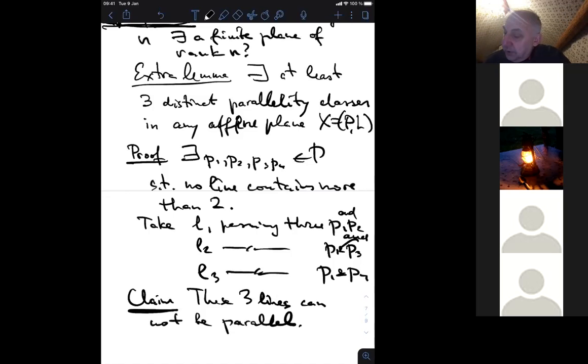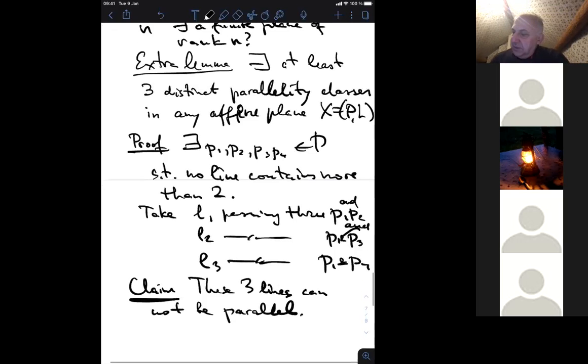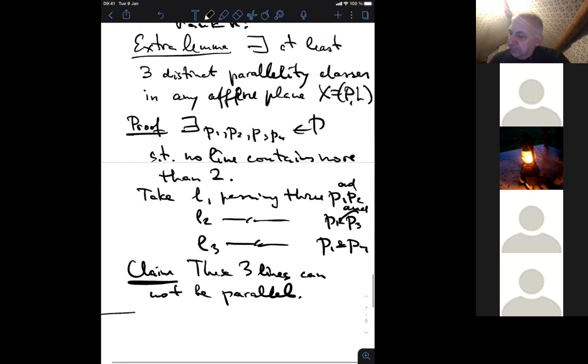And that means that for whatever affine plane we take, we have at least 3 parallelity classes. If you take a look, you can see that since they pass through one and the same point, if they were parallel, they should coincide, but they cannot coincide. So it's a simple statement.